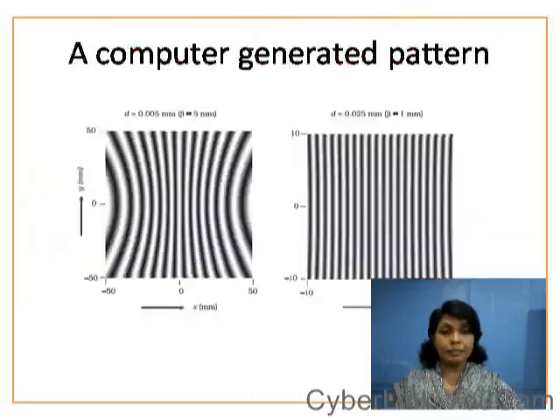Coming to the pattern on the screen, the pattern looks like this. These are two different patterns for two different setups. On the screen, what you see is this, which means that there are regions where you observe complete darkness and there are regions where you observe brightness.